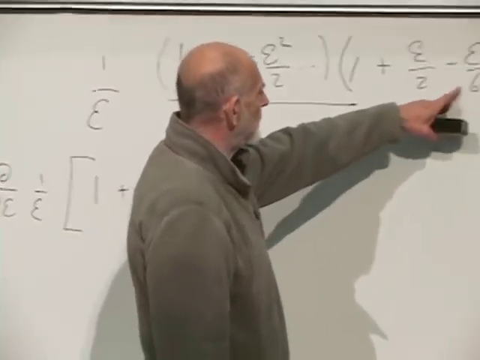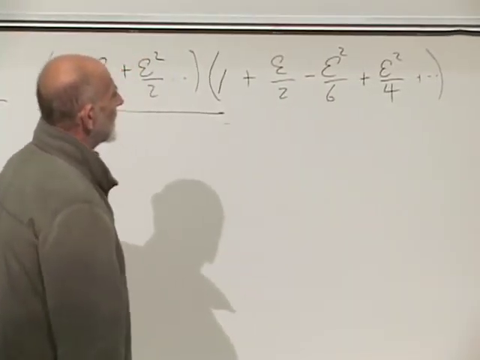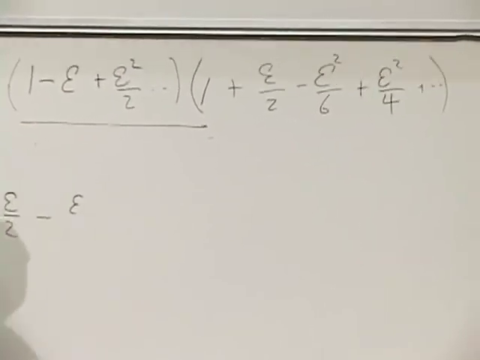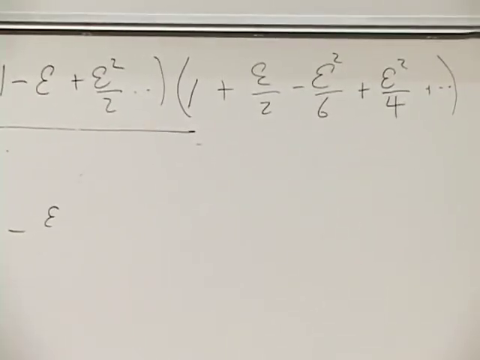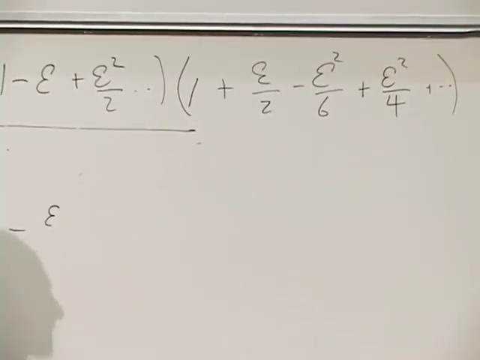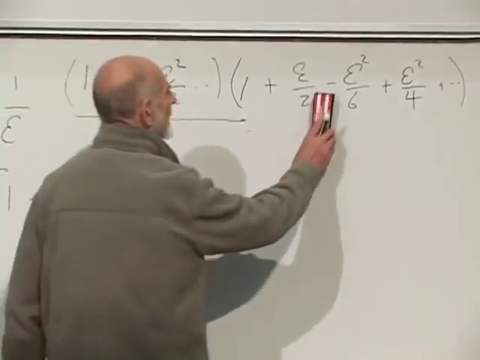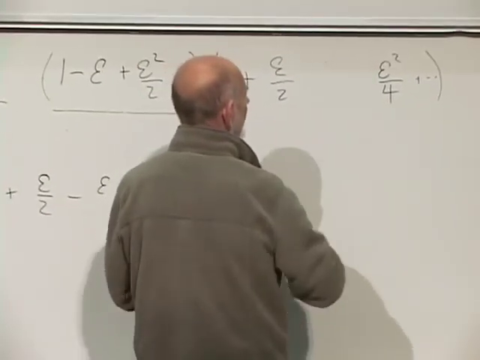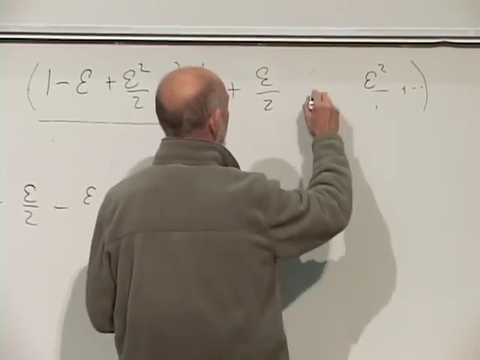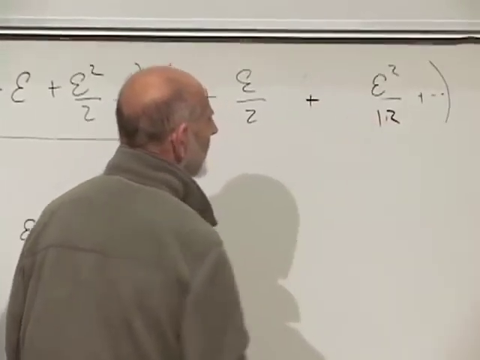Oh, can we combine these two together? What's epsilon squared over 4 minus epsilon squared over 6? Epsilon squared over 12. Right?